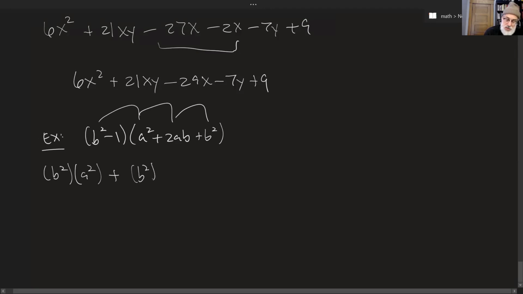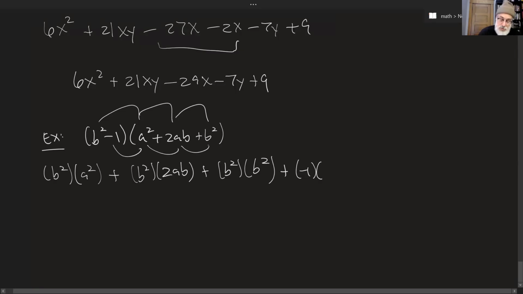Again, if you get good at this, you could just do this in your head. But till that time, be careful, because it's easy to forget terms, skip terms, miss signs. All right, now we're going to distribute -1 through each of the terms. So -1 times a squared plus -1 times 2ab plus -1 times b squared.